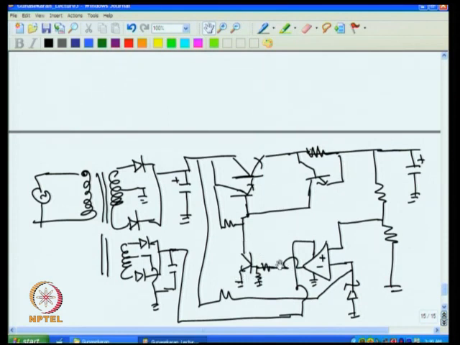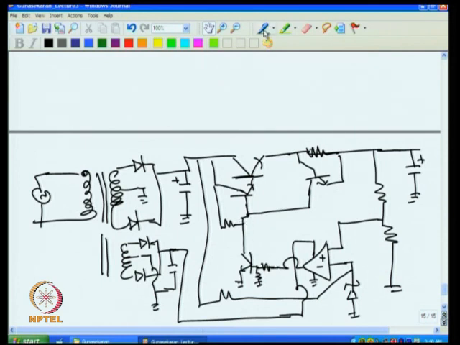For example, if this voltage increases, essentially more current flows through this, and then more current through this, and the voltage at this point comes down. Similarly, if the voltage comes down here, automatically the voltage increases here. Of course, by varying a small voltage, we are able to vary a large voltage here.